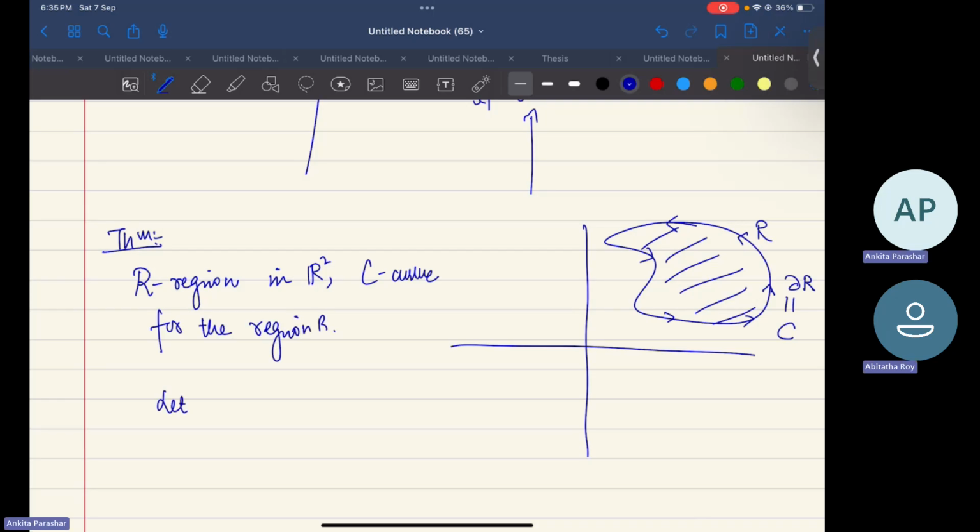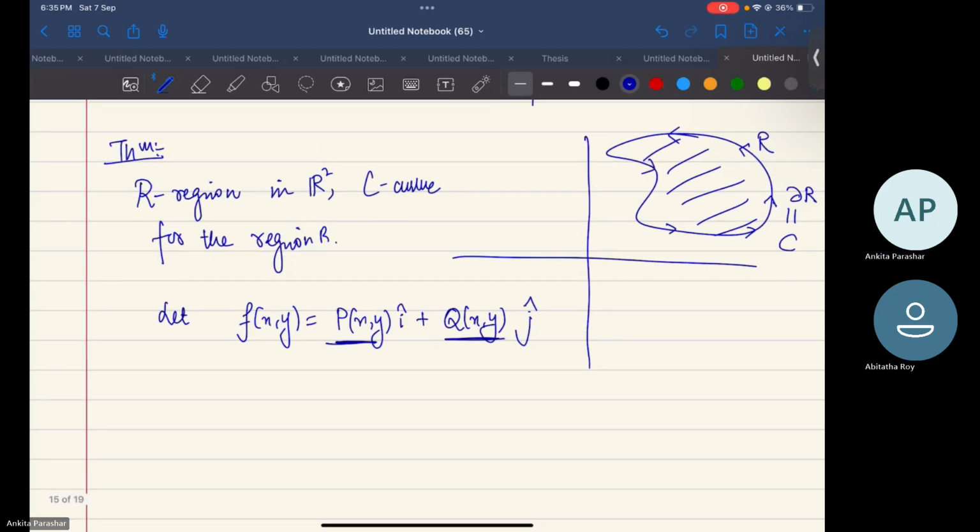And let my function be, this time, a vector-valued function, P(x,y) i cap plus Q(x,y) j cap, certain functions depending on x and y. It has to be defined on the region, otherwise there is no meaning, so defined on R and C both.